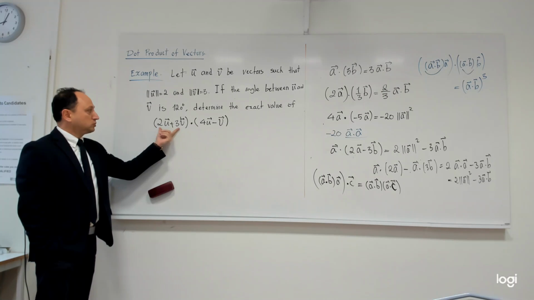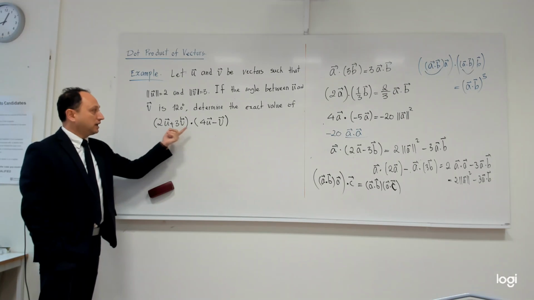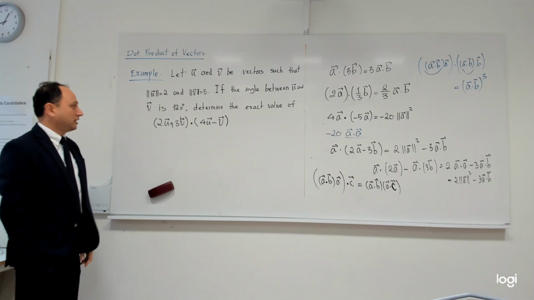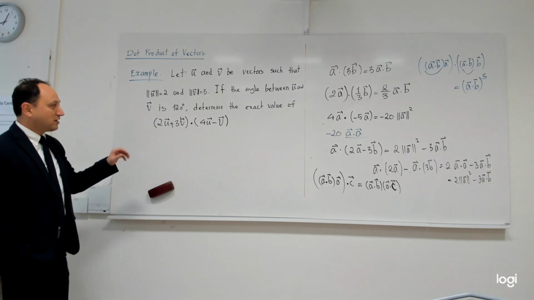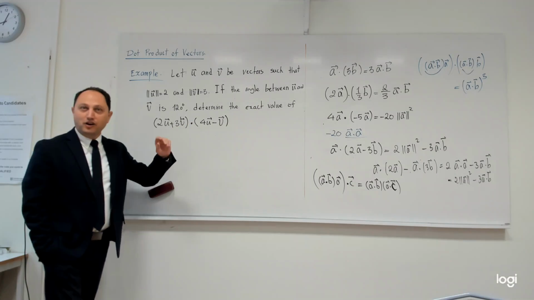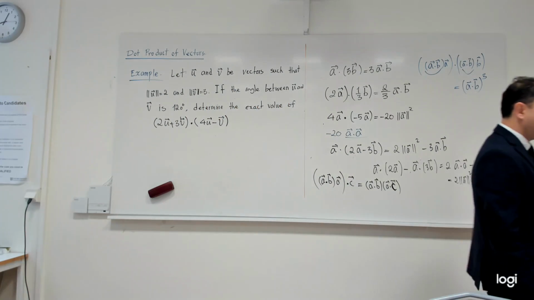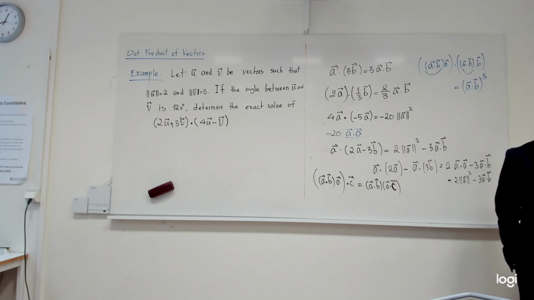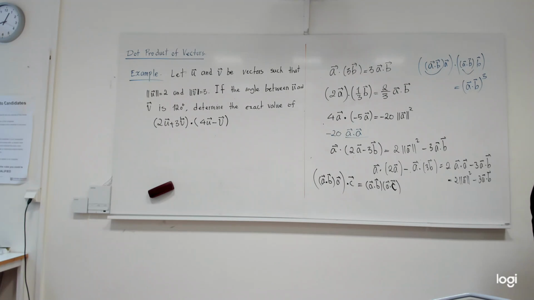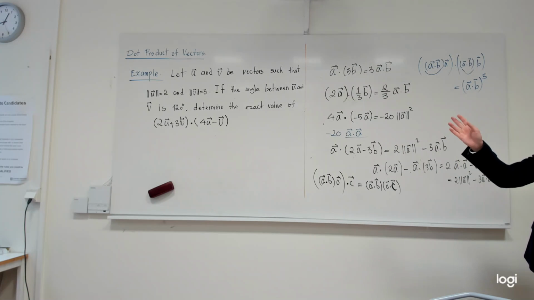I can find the norm of this vector if I want to. I can find the norm of this vector if I want to. I'm not that optimistic if I can find the angle between them exactly, based on the angle between U and V. Yes? Do you feel that finding the angle between them is not that simple?